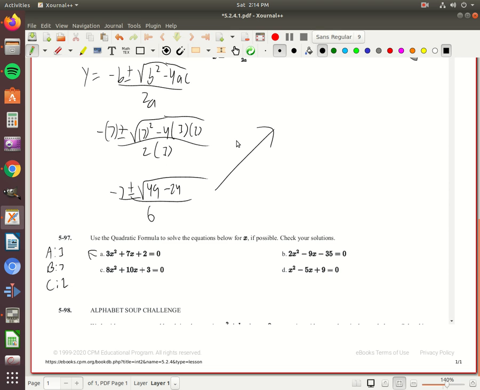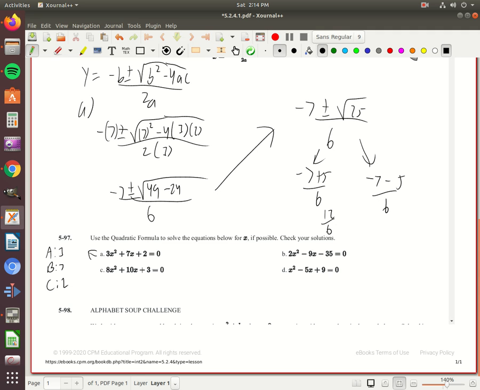I will get negative 7 plus or minus the square root of 25 over 6. So I will get negative 7 plus 5 over 6, and I will get negative 7 minus 5 over 6.